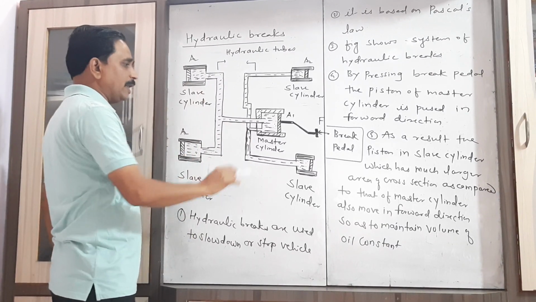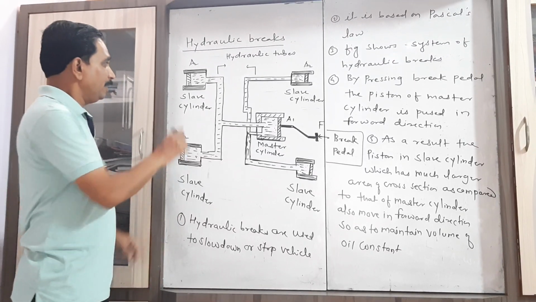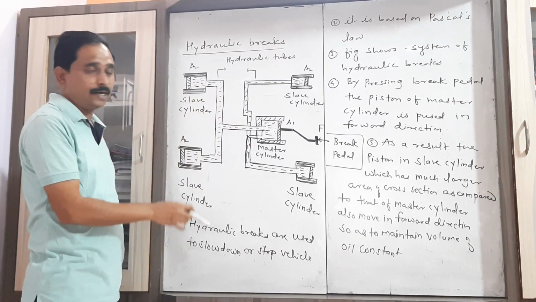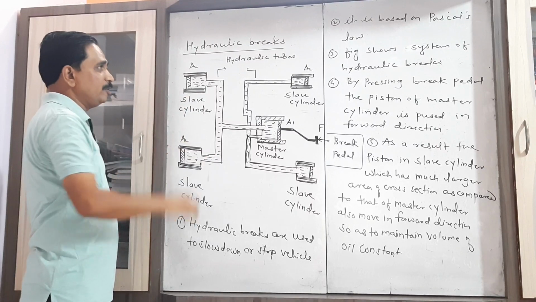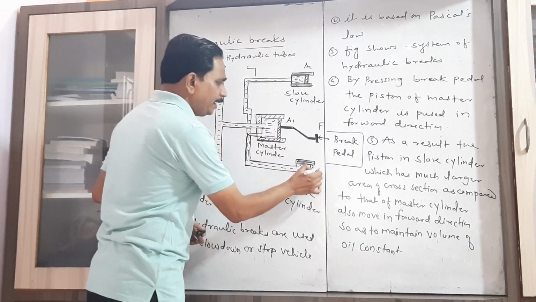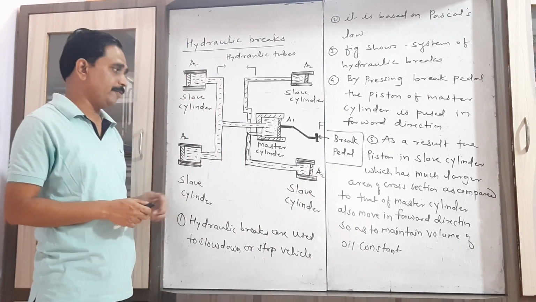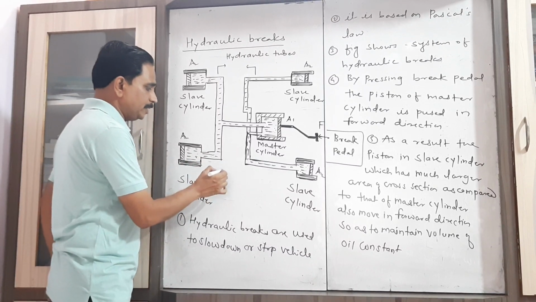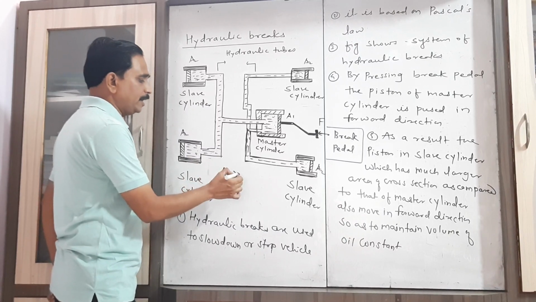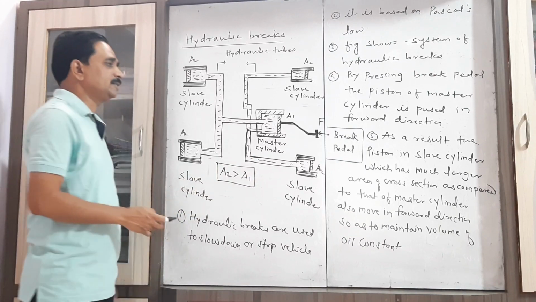These four slave cylinders are identical, and the pistons of the slave cylinders have the same area of cross section, A2, while the area of cross section of the master cylinder is A1. The relation between them is such that the area of cross section of a slave cylinder is greater than the area of cross section of the master cylinder.